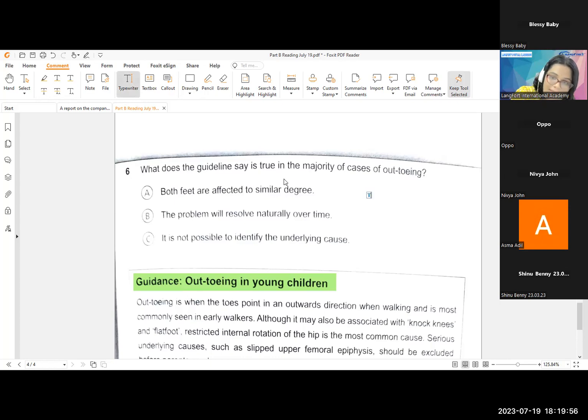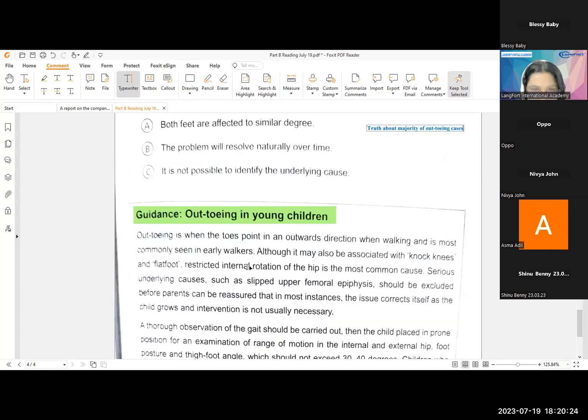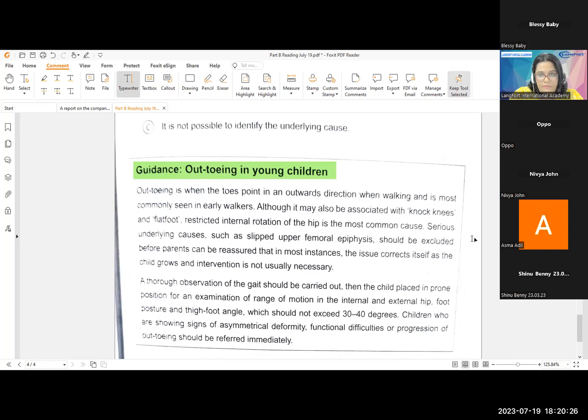So a true fact, or truth, about the majority of out-toeing cases. Okay, so out-toeing is a problem, and about that, what is true? All of you take 55 seconds, read the extract.